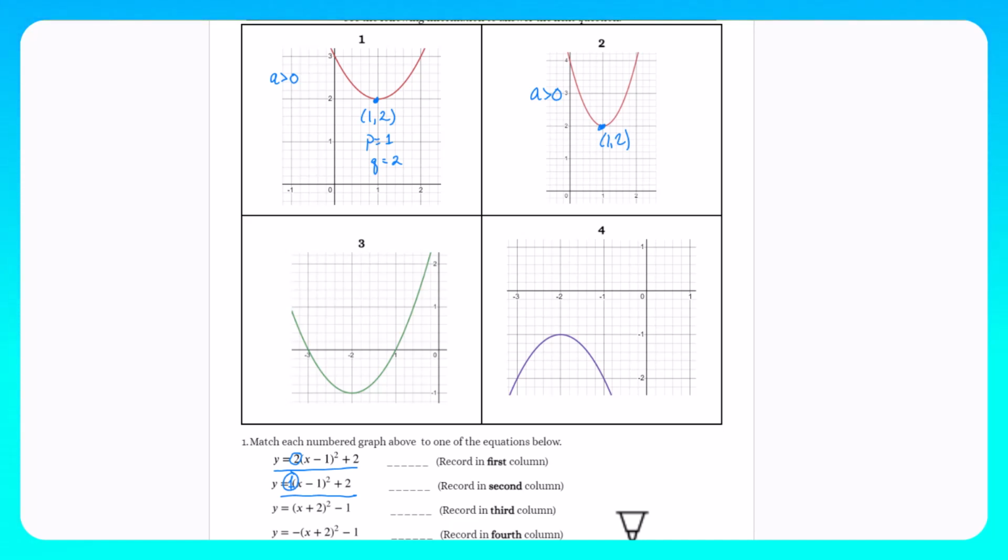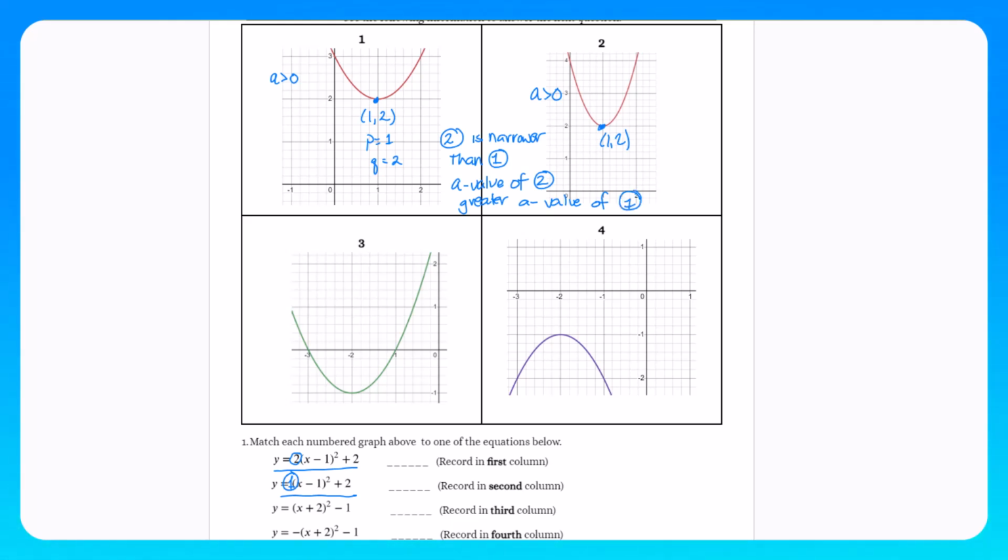But because they have the same vertex, and we see that 2 is narrower than 1, that means the A value of 2, because it's narrower, must be greater than the A value of 1.